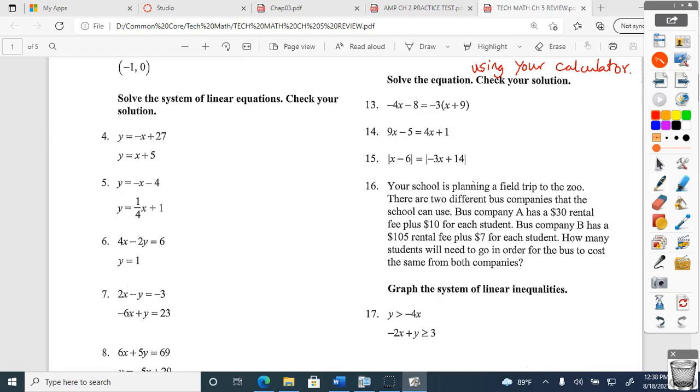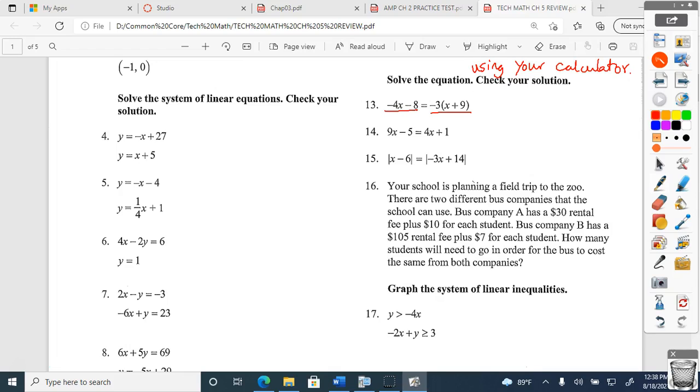So if you've forgotten, we're going to go to the graph section of our calculator, and type in the left side into one y equals and the right side into the other y equals, and then figure out where they're intersecting, what the x part of the point is that they are intersecting at. That makes sense? Okay, so we're doing this on 13, 14, and 15.